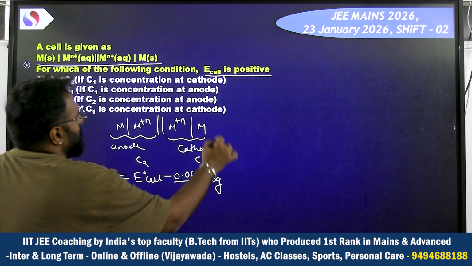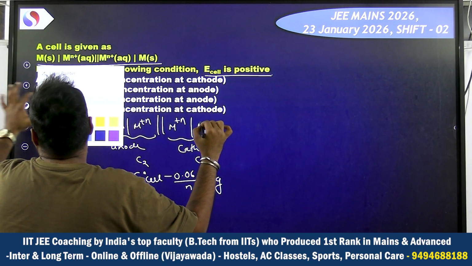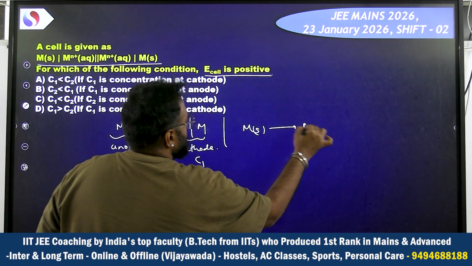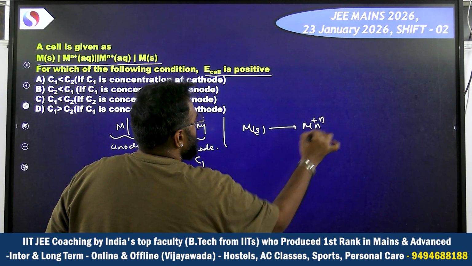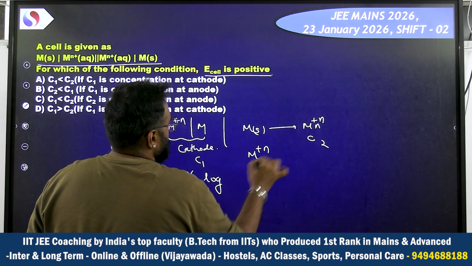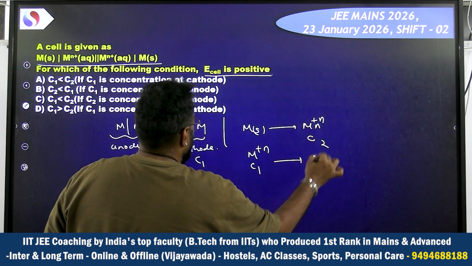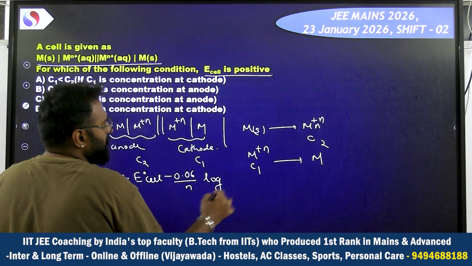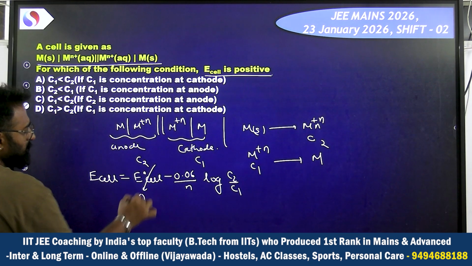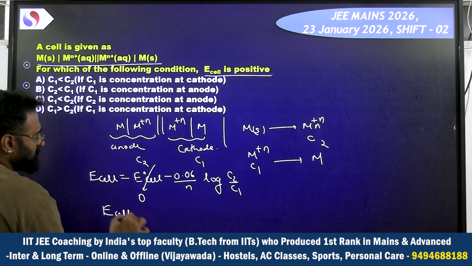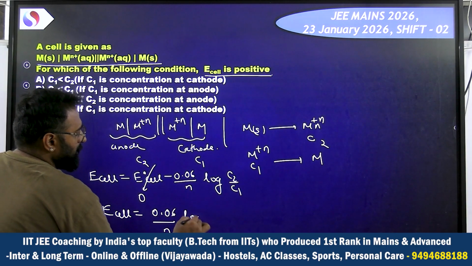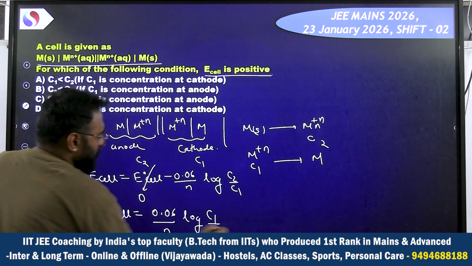For this formula, what is the reaction? M solid gives M plus N. This is C2. This is C1. So C2 by C1. E naught is 0. So E cell is equal to 0.06 by N log C1 by C2.